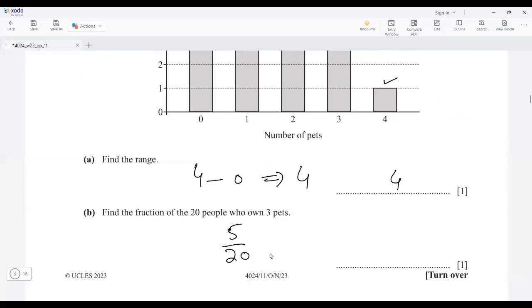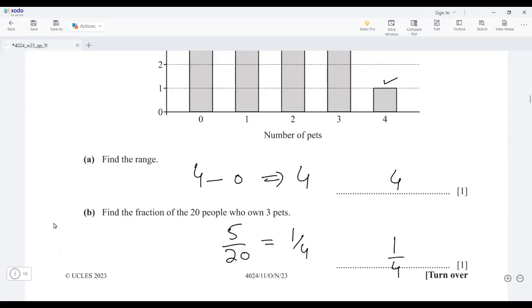This is the answer, but if we simplify it further, it will be 1 over 4. If you forgot to simplify and wrote 5 over 20, it's the same thing. Don't worry, but try to write your answers in the simplest form.